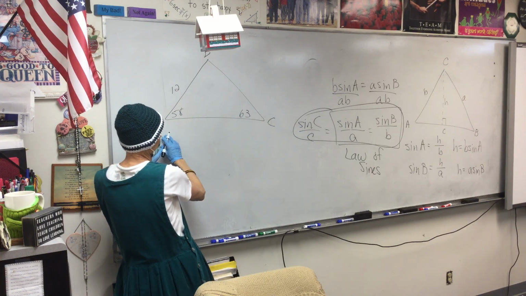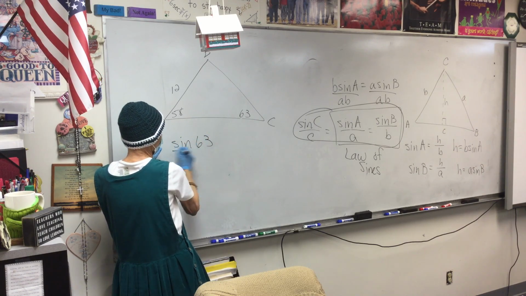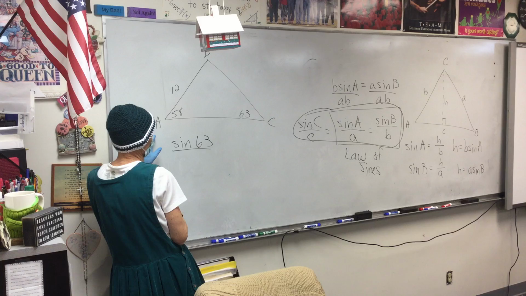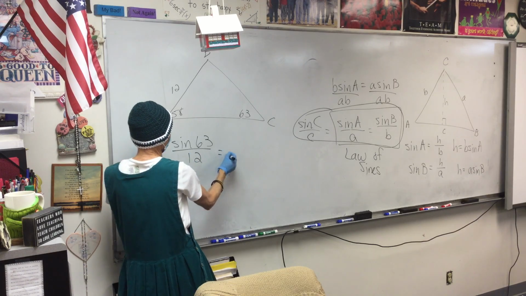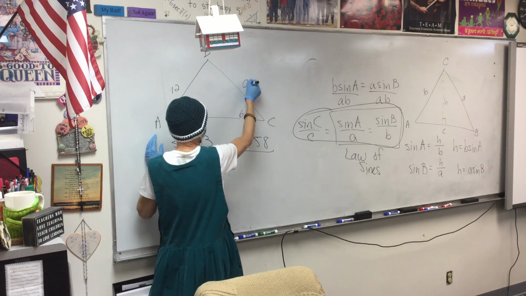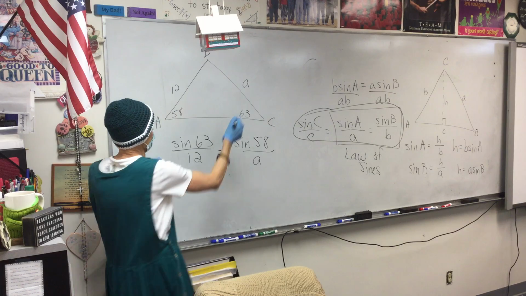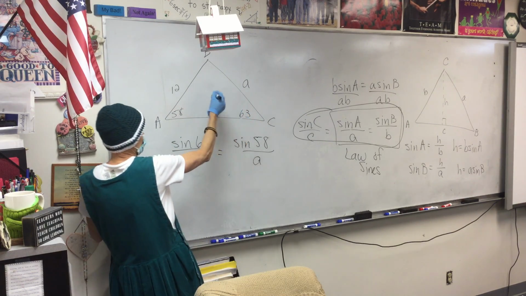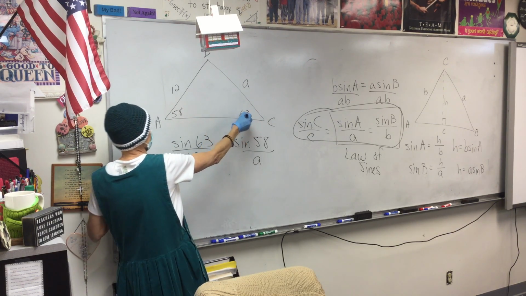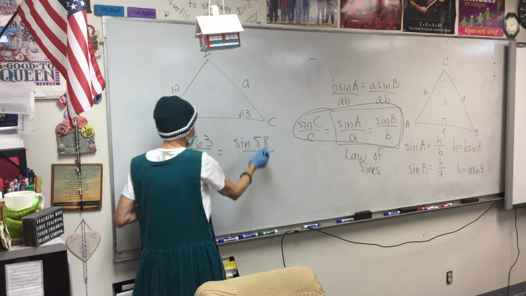What might this say? Sine 63 over 12 equals sine 58 over a, x, whatever you want to call it. The sine of 63 over 12 equals sine 58 over a.